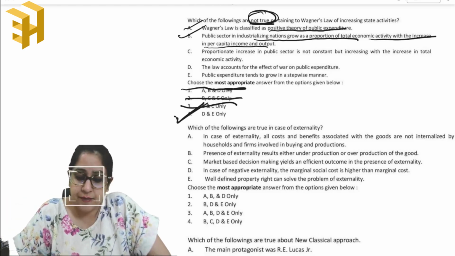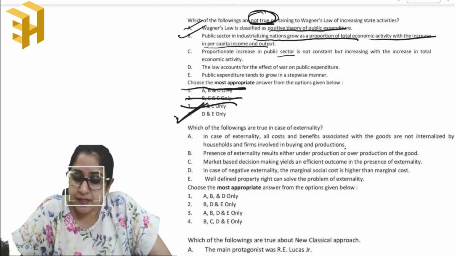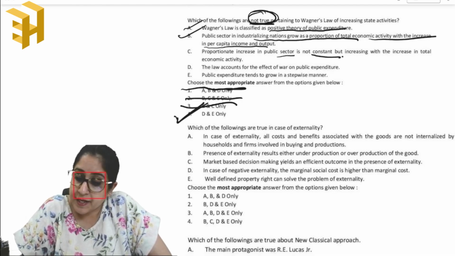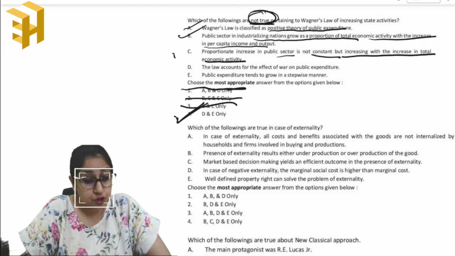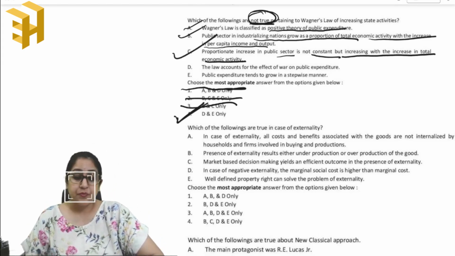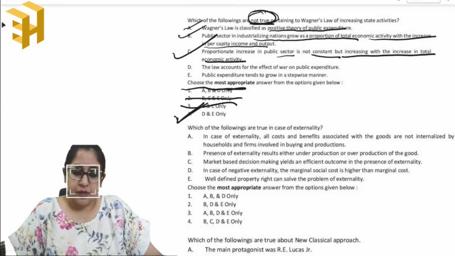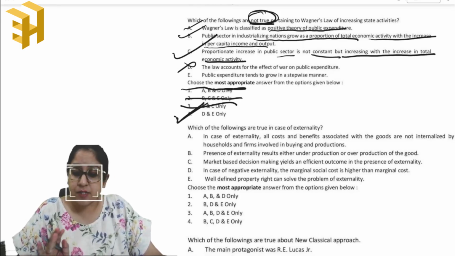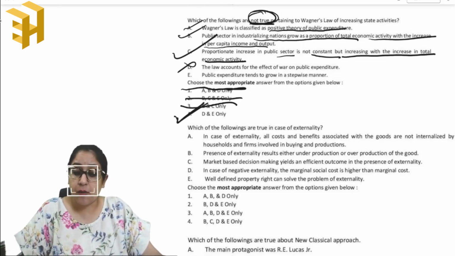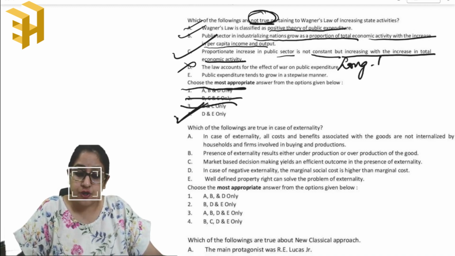Let's go for C. Proportionate increase in public sector is not constant, but increasing with the increase in total economic activity. This is true. This statement is also true. Then, the law accounts for the effects of war on public expenditure? No. Basically, this theorem is mainly concerned about your long-term structural growth.